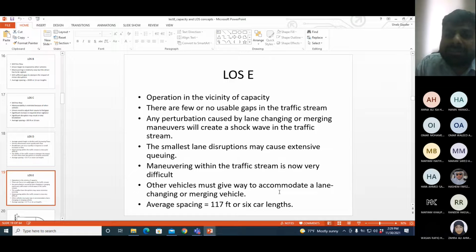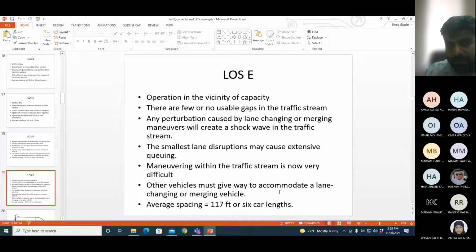So if you have a disruption in a lane, it will definitely cause the flow to be disturbed. Even if you have a small shock wave or perturbation, like a small hindrance in the flow, it can cause a blockage. So at this level of service, if you have to change lanes, what would we do? We apply the waving technique, right?